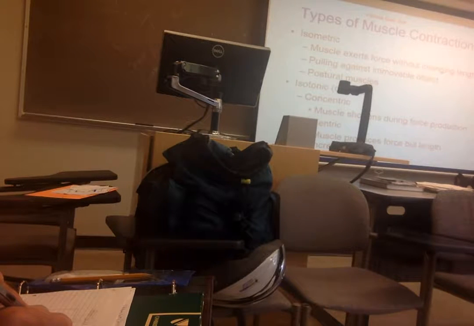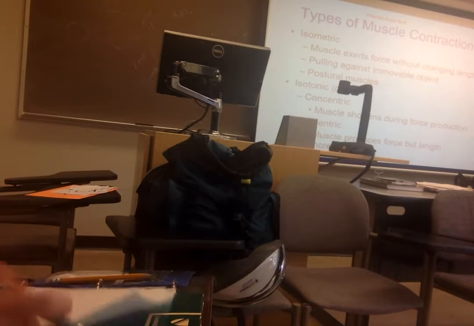First off, I have hip flexors, hip extensors. I've got knee extensors. This is knee extension, right? Hamstrings are knee flexors. This is flexion. I've got gastrocs that are plantar flexors.